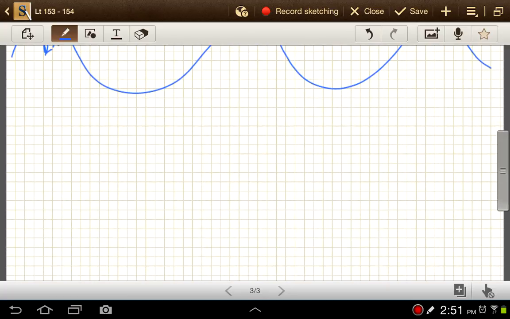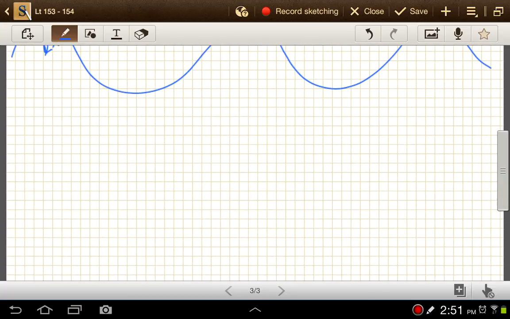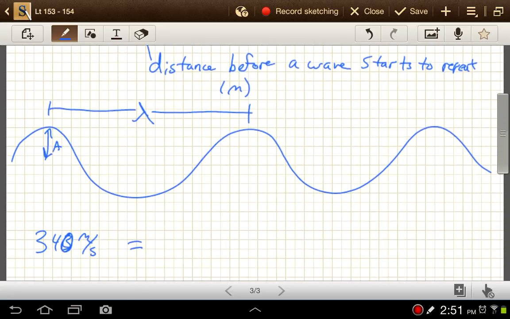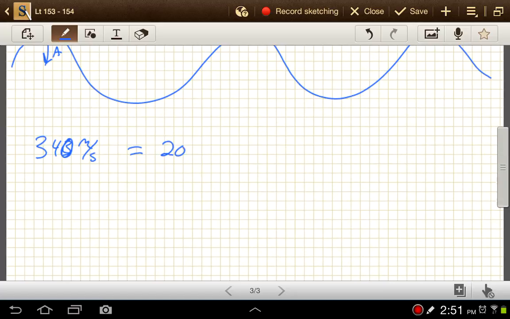So maybe we have, say, sound waves. Sound waves travel at 340 meters per second. And maybe I hear a wave that has a frequency of, say, 200 hertz. That's like a human speech pitch sound.